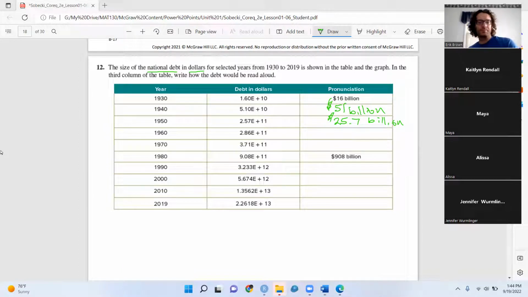How are we doing, y'all? Anyone know the answer for 1960? I should also say there's another way we could write these things.